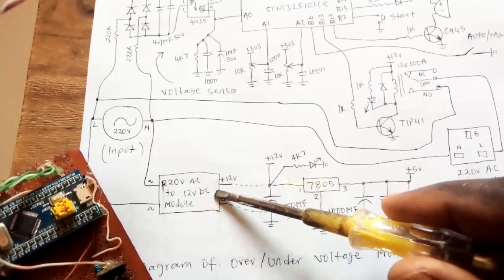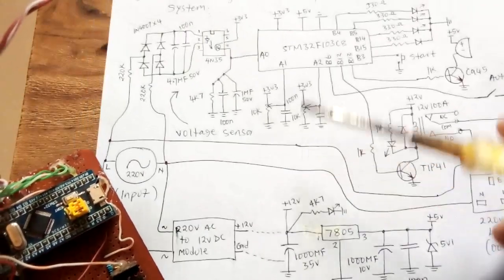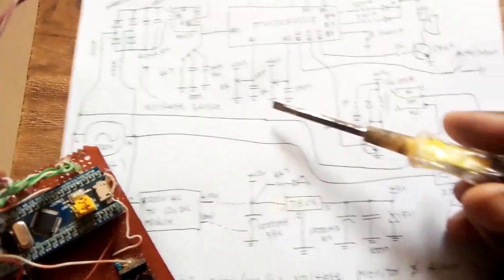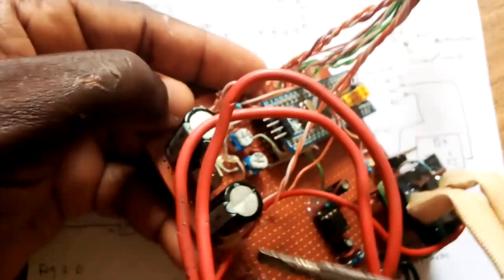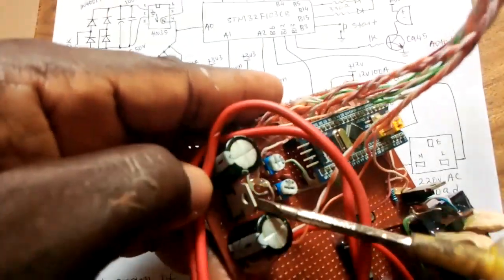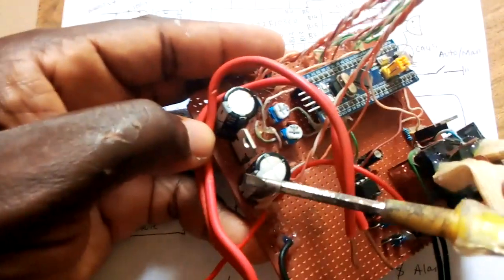Since my microcontroller board has a 5 volt terminal, I'm going to use a 7805 regulator here. Look at it here. This is the 7805 regulator. First, take a look at the capacitors I put here.